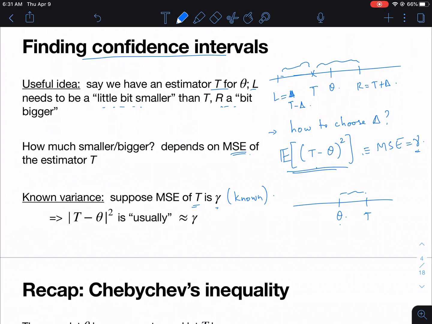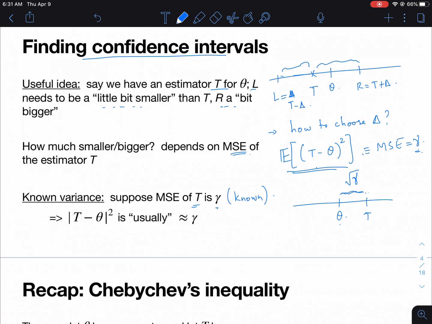Expectation also has the interpretation of being the average or typical value. So on average, (t minus theta) whole square is roughly gamma, which is like saying that on average this distance is square root gamma, because its square is gamma.